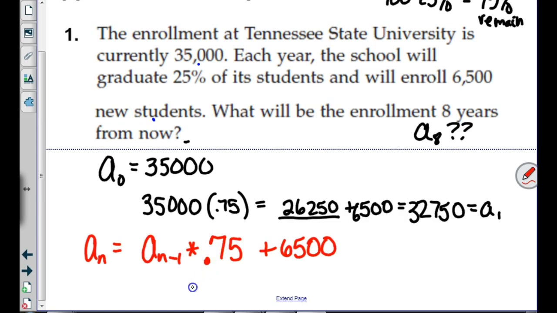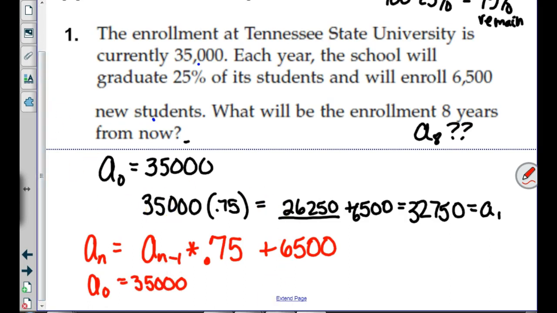Okay, so let's put this in our calculator, but what do we want to call the first term? We want to call term 0 35,000, you're right. I'm a little nervous that it's not going to like this because 0 minus 1 is negative, but let's see what happens.